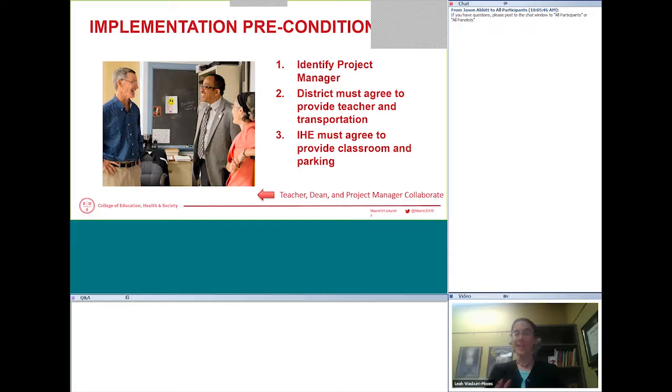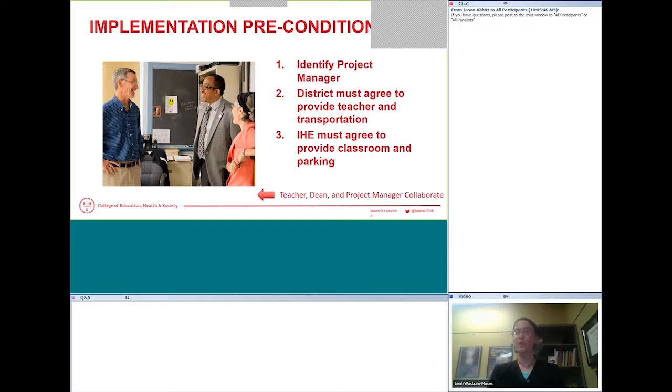So I'd like to get into what it takes to actually implement this model. But I want to continue to encourage you, if you have more questions, just keep asking them, even about the model. And here you can see me, and you can see our teacher, and you can see our dean, Michael Dantley.